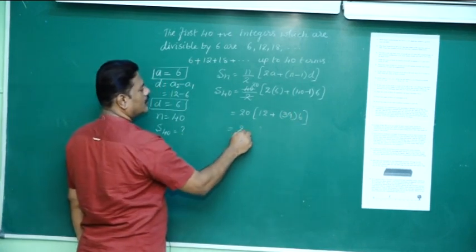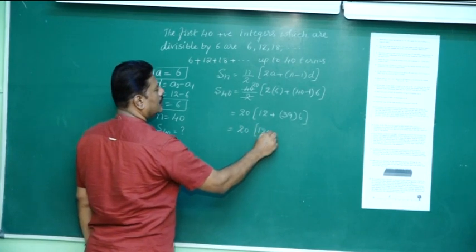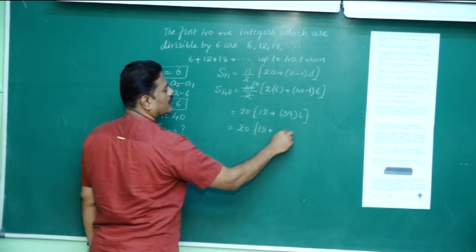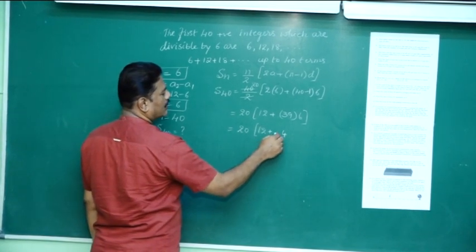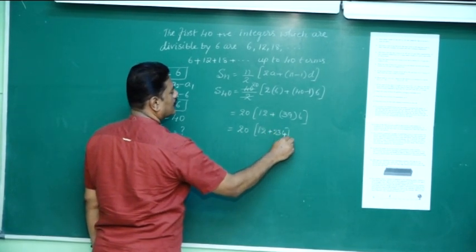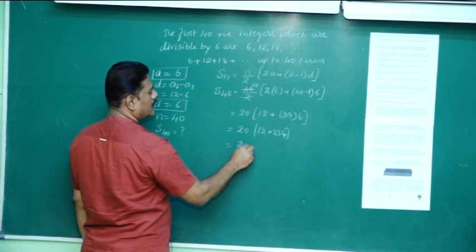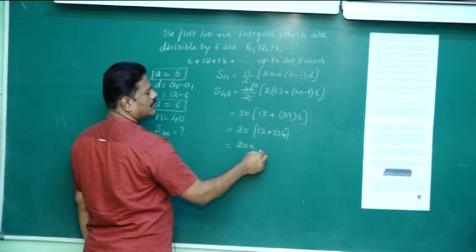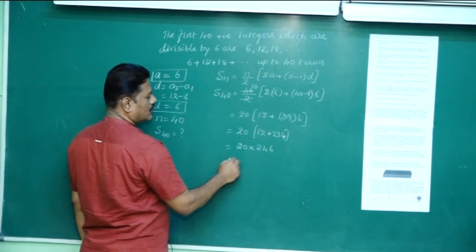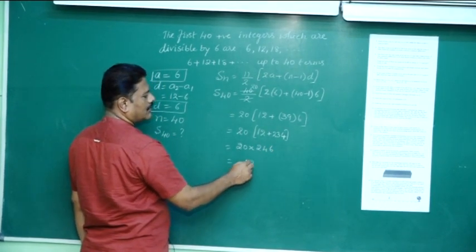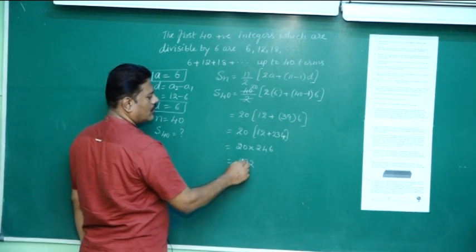Okay, then 20 into 12, multiply now. 6 9s are 54. 5 carry, 6 3s are 18. 18 plus 5 is 23. Then 20 into 234 plus 12 is 246. 2 6s are 12. 1 carry, 2 4s are 8 plus 1 is 9. 2 2s are 4. Add 0 now.